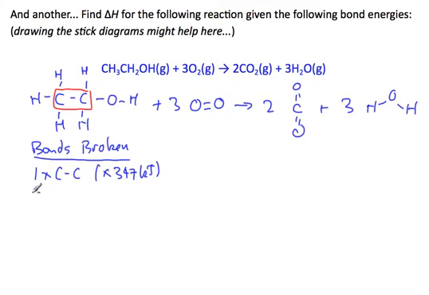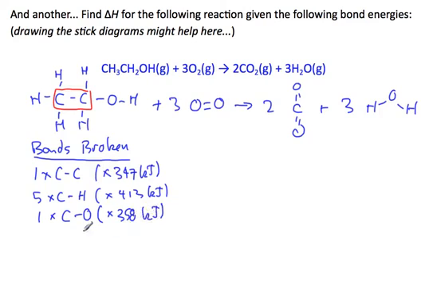And I have 5 carbon-hydrogen bonds, each with a bond enthalpy of 413. I have 1 carbon-oxygen bond. That's this one here, and that has a bond enthalpy of 358. I have a single oxygen-hydrogen bond, the hydroxyl group.